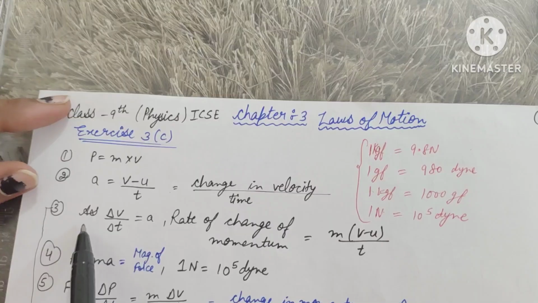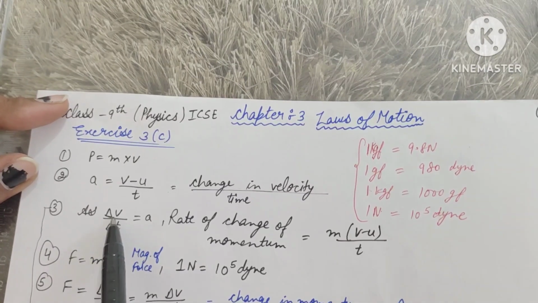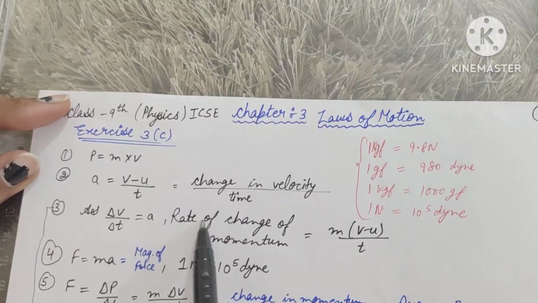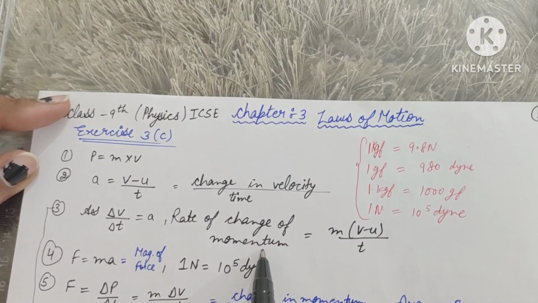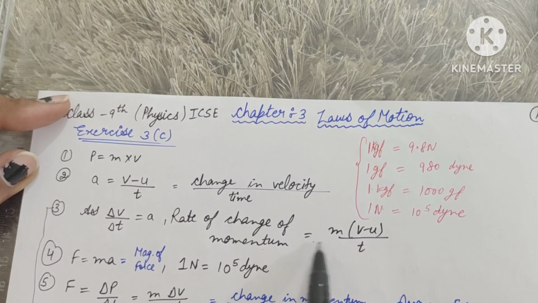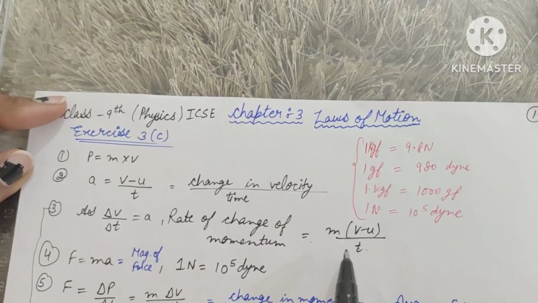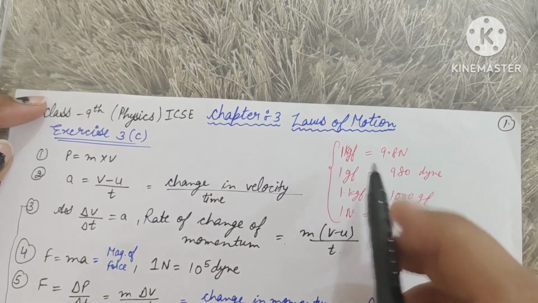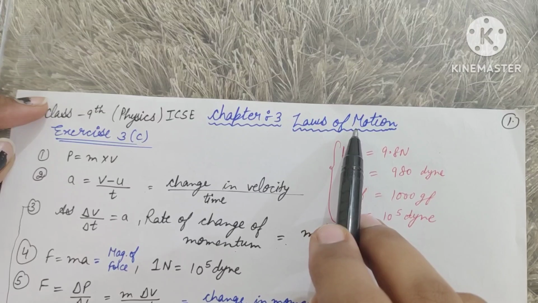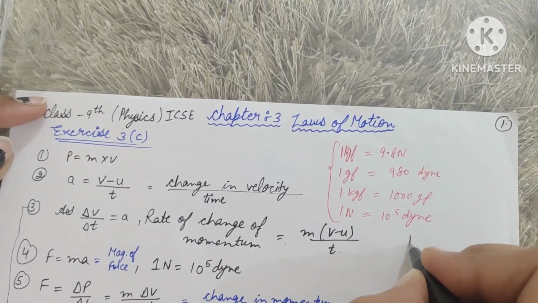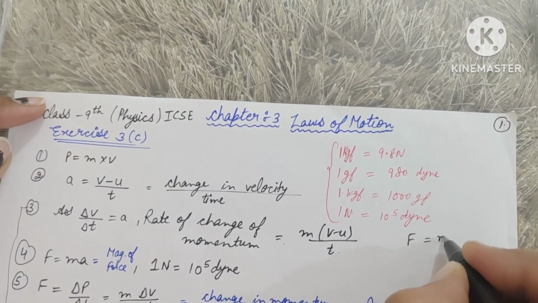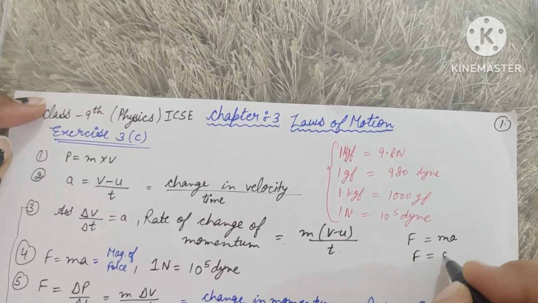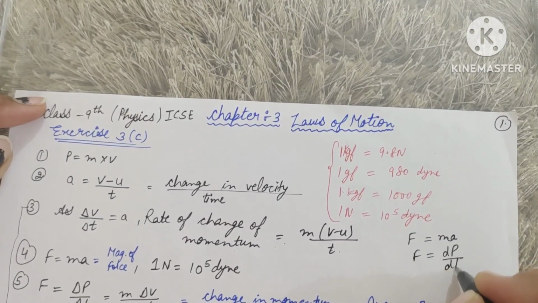The next is, as we know that the change in velocity per unit time is giving us a, the rate of change of momentum is also equal to these things. How is this now? As we know, what is Newton's second law? The chapter is about the laws of motion. Newton's second law is F equals ma, or we can write it as dp by dt.